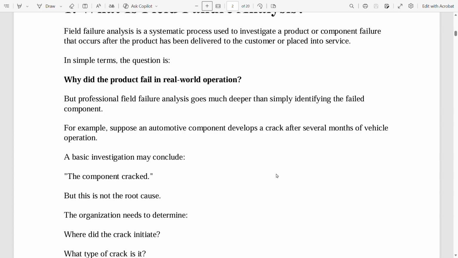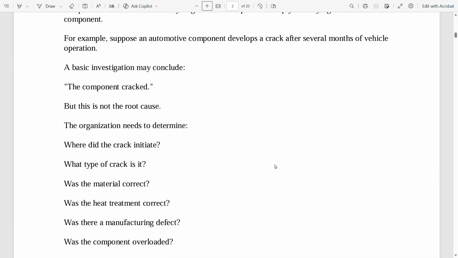For example, suppose an automotive component develops a crack after several months of vehicle operation. A basic investigation may conclude the component cracked, but this is not the root cause.